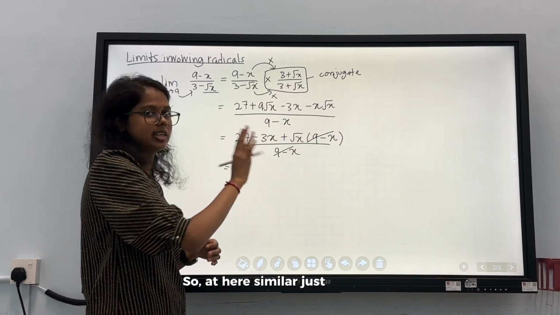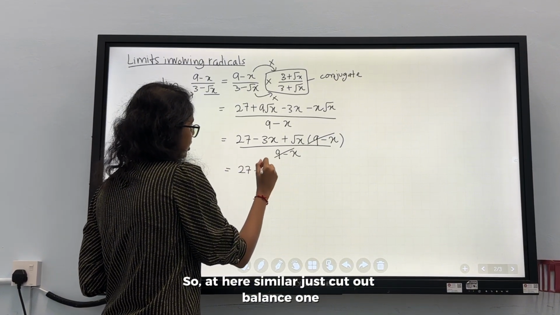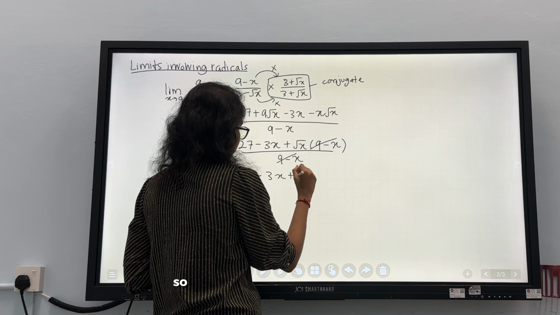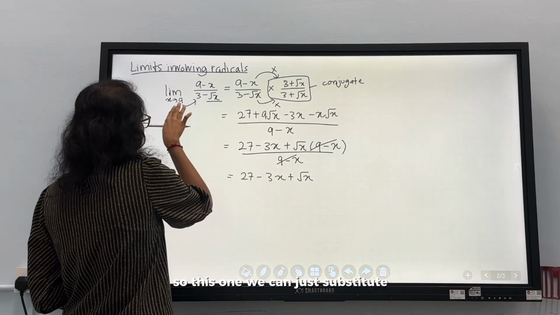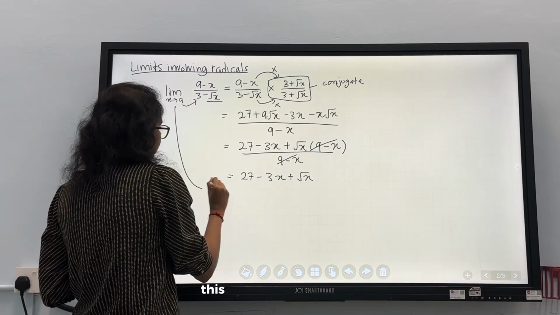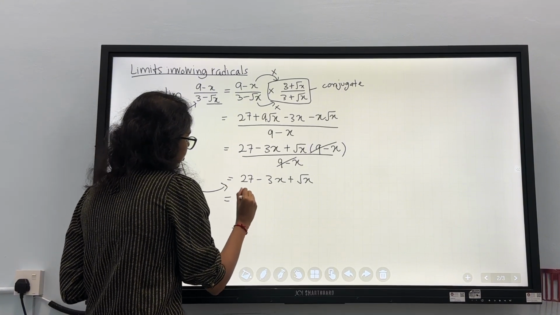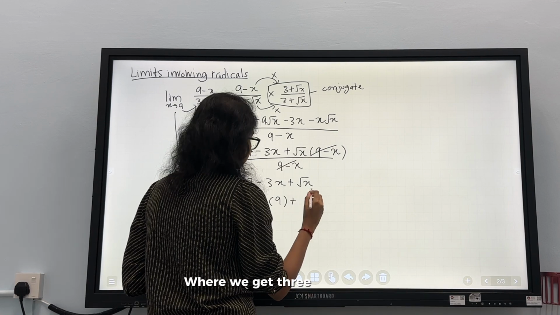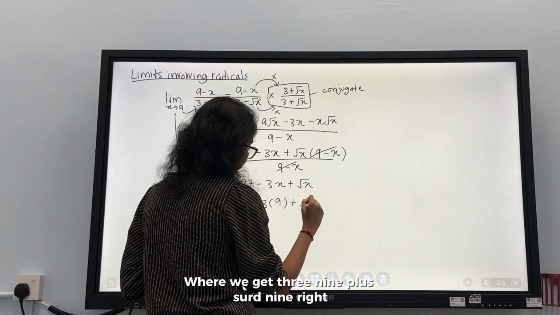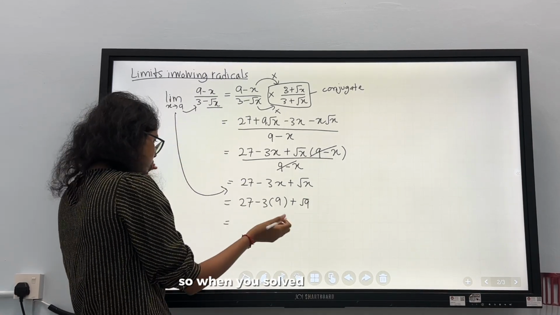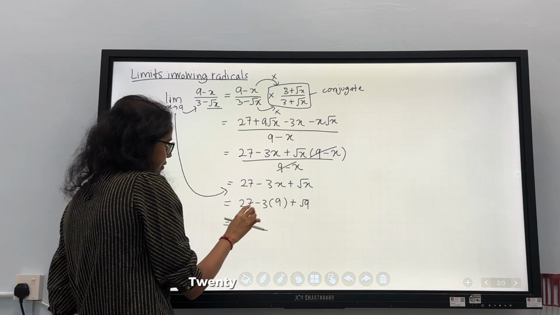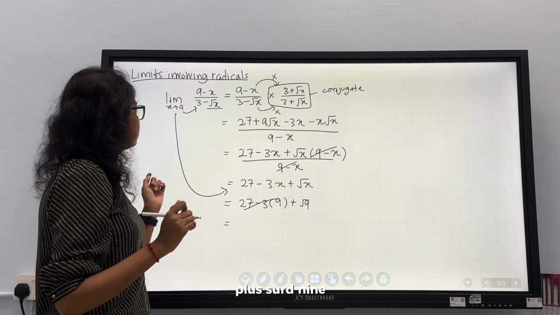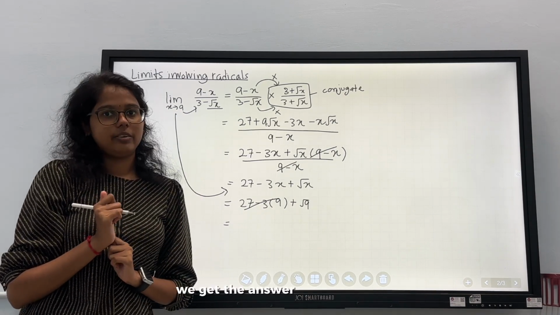So here we cancel that part, and the balance is this. Now we can substitute the value into the formula, where we get 3 times the square root of 9, plus the square root of 9. When we solve, we get 27 minus 27, so it's already 0, plus the square root of 9, and we get the answer 3.